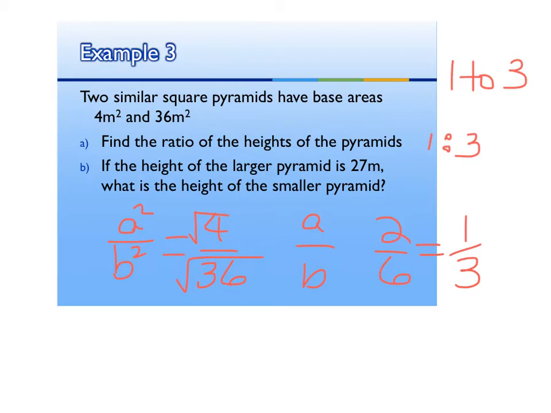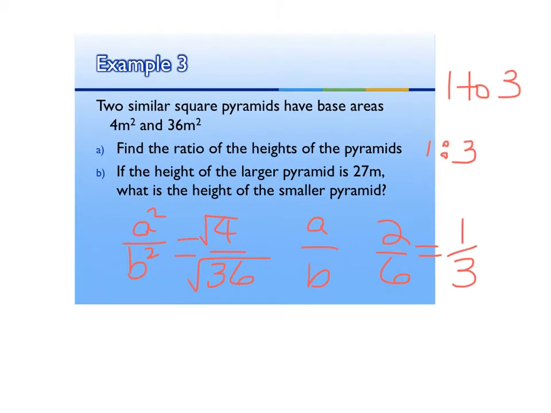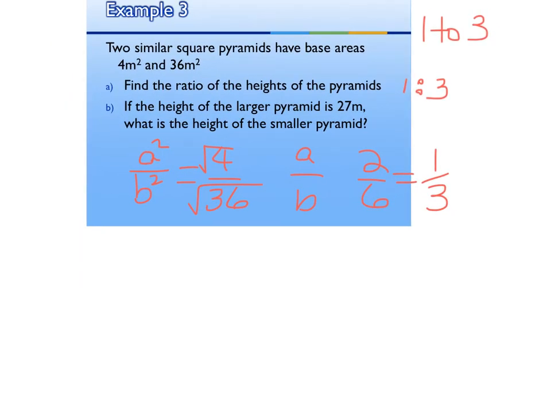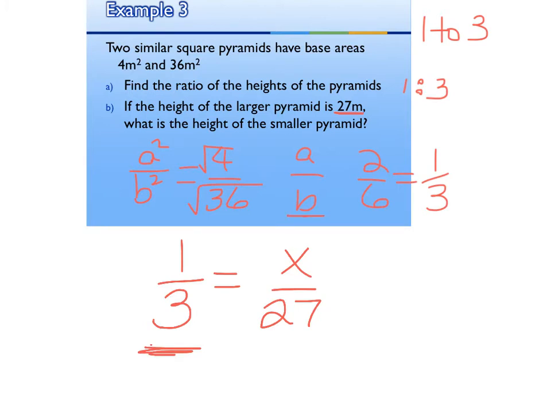Okay, to find the height, and this is what you're going to do in the homework, they're giving us the height of the larger pyramid. So we're going to set up a proportion. And we are going to do 1 over 3 is equal to x over 27. Because this is the scale factor for the linear measurements, the A to B. And then I would do x over 27.